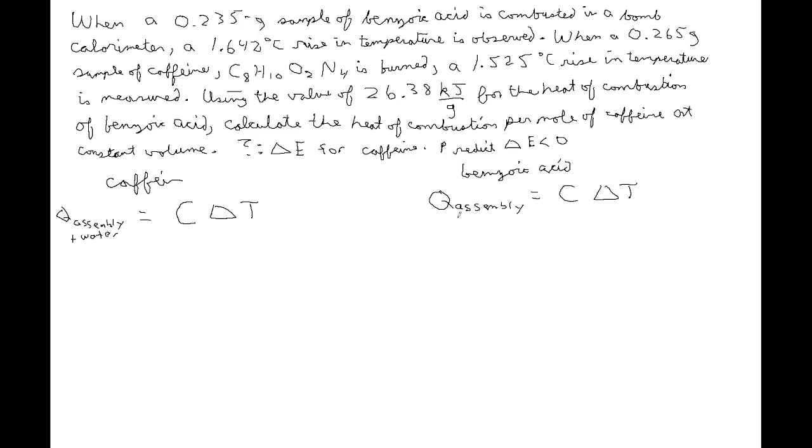Then we use our given information: Q for the assembly is equal to C times 1.642 for benzoic acid, and Q is equal to C times 1.525 degrees Celsius for caffeine.